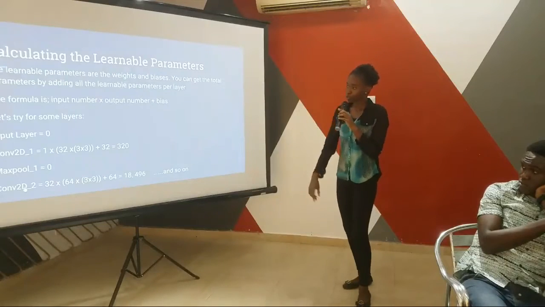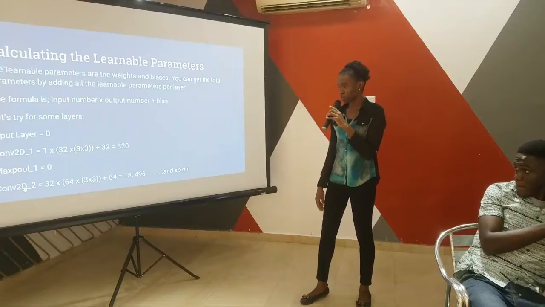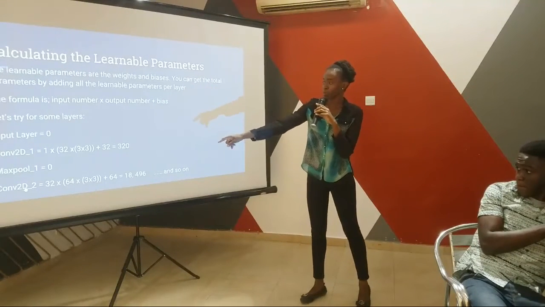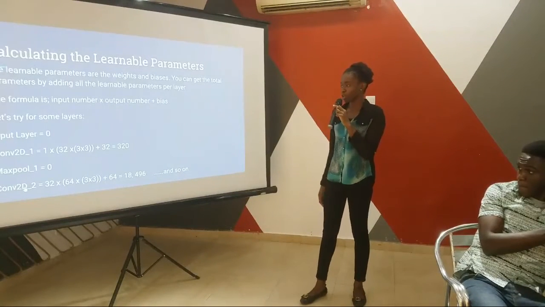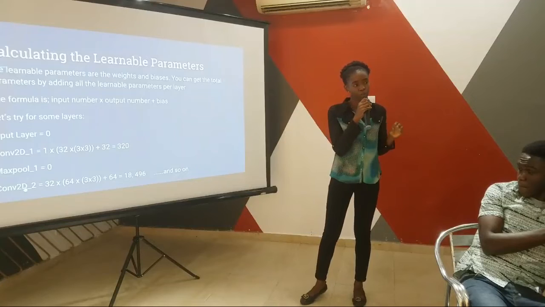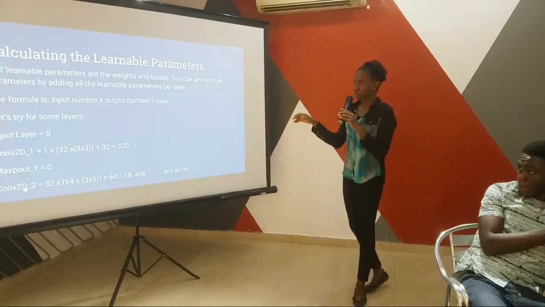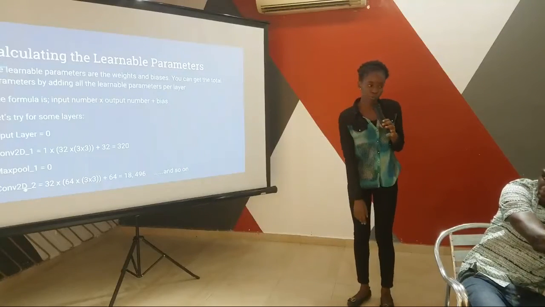The formula is input number times output plus bias. So we have 32 times 3 by 3, one input, plus bias, and this gives us 320 for the first convolutional layer. Maxpool doesn't have a learnable parameter, so it continues like that until you get everything. When you sum everything up, you know the learnable parameters used in that convolutional network.